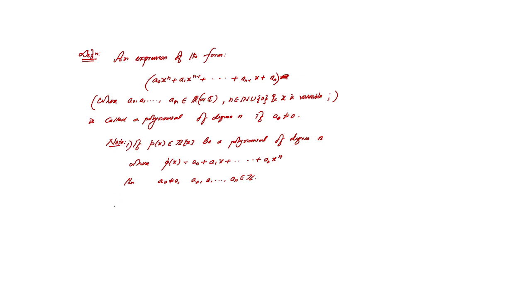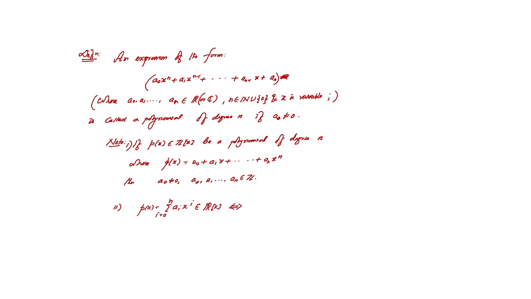So similarly, if p(x) equals summation ai x^i, i equals 0 to n, that belongs to R[x], this is a real polynomial. What is the meaning of the polynomial?